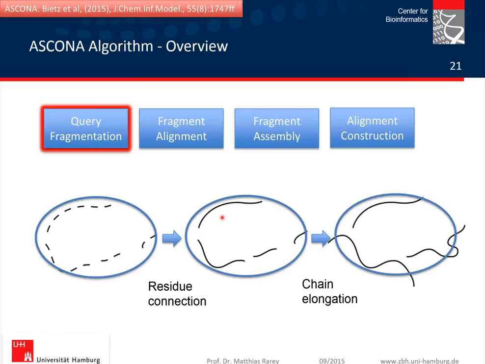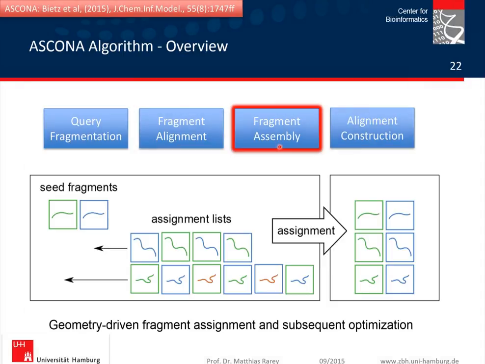The more interesting part is the fragment assembly, because now for all these pieces, we find fragments in the protein structure, and we have to find out which fragments make one binding site. Here we have a green one we can start with, and other green parts which belong to the same binding site. This is the part done by geometry methods.